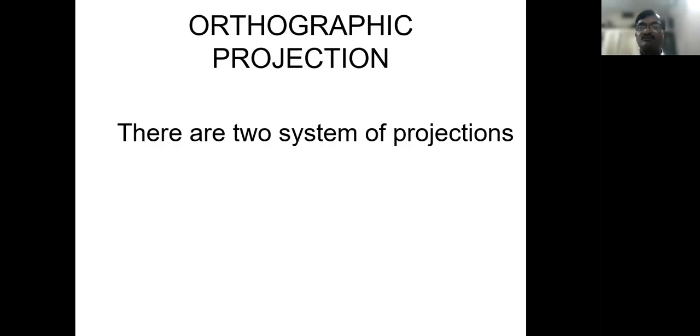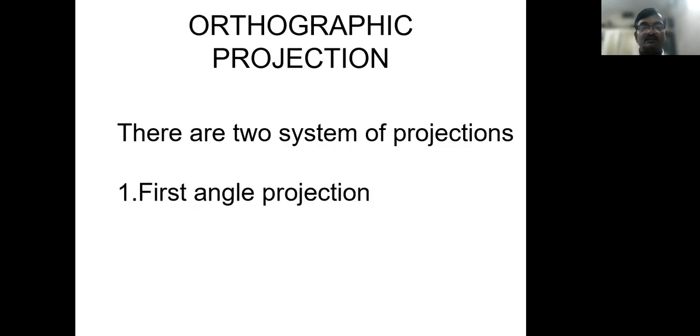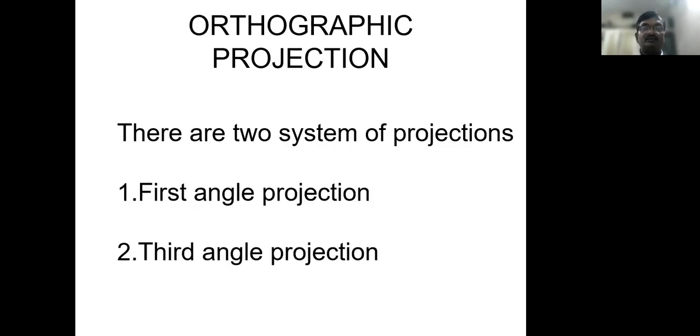There are two systems of projection used in orthographic projection. One is first angle projection and the second is third angle projection. There are two systems used, first angle and third angle.